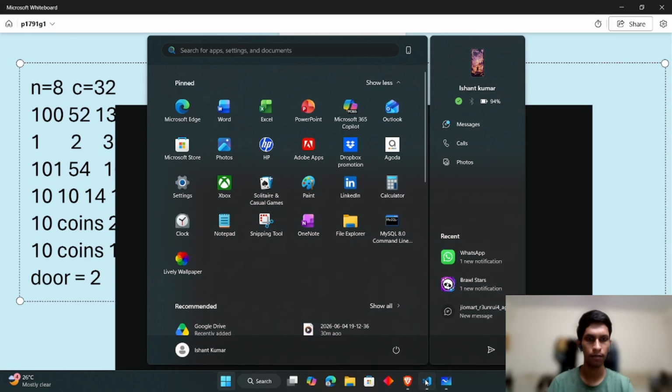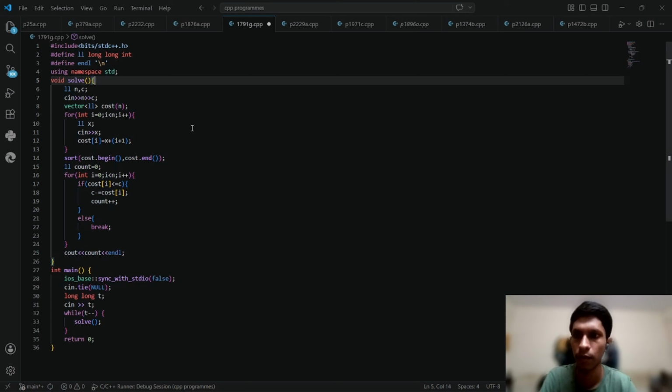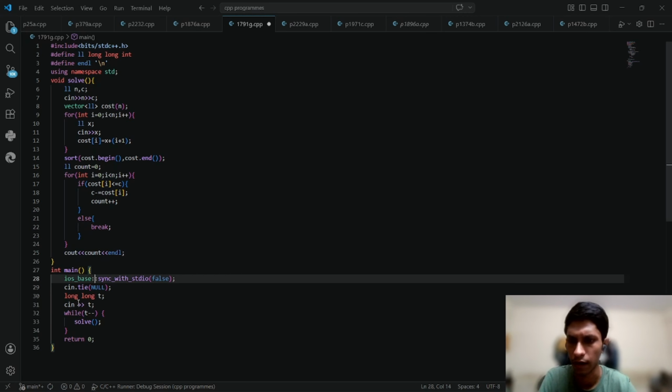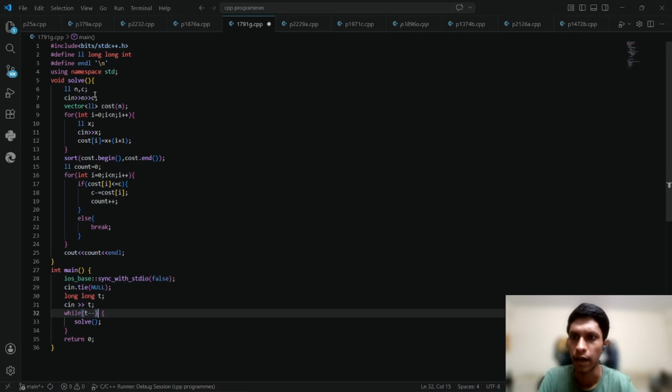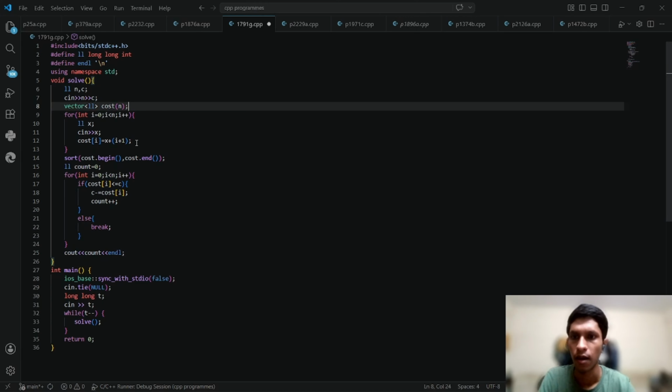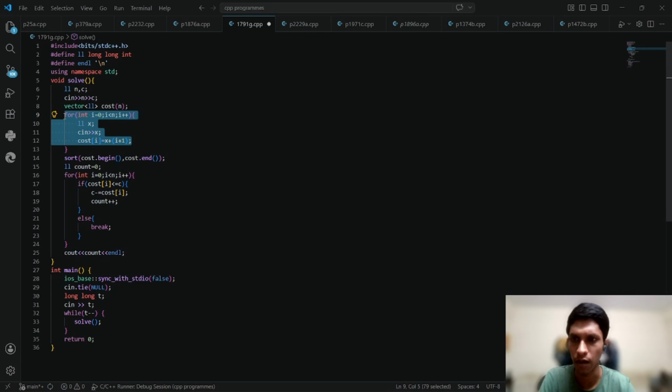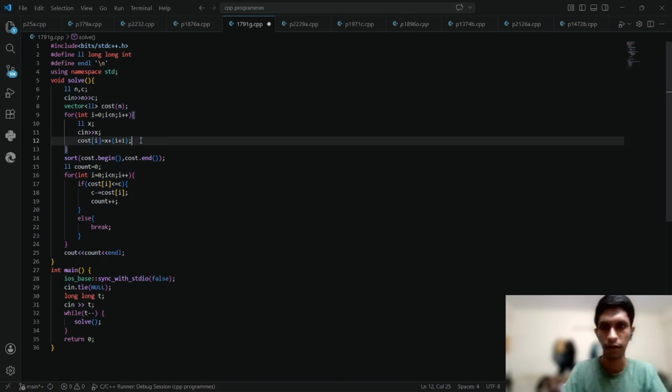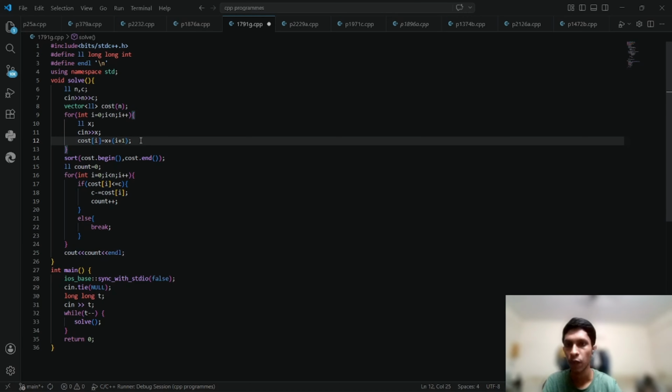So let's look at the code for this problem. Starting from here, initially we have taken t, which is going to be the number of test cases. After that, as input, we are given n and c, the number of elements in the array, and c will be the initial coins that we are starting with. After that, I've declared a vector of cost, and inside this vector, I'm calculating all the costs that I've calculated earlier.